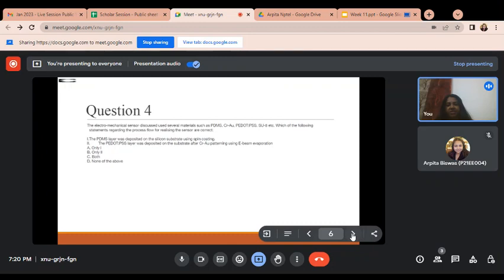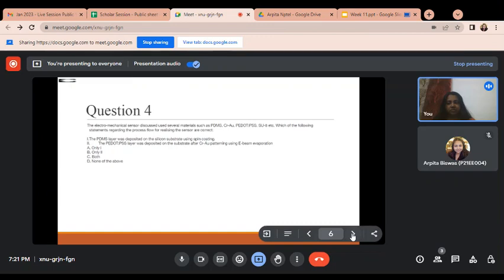The second statement is the PEDOT:PSS layer was deposited on the substrate after the chromium gold patterning using E-beam evaporation. The first option is only 1, the second option is only 2, the third option is both, and the last option, option D, is none of the above. Go through the question carefully and then try to solve it.